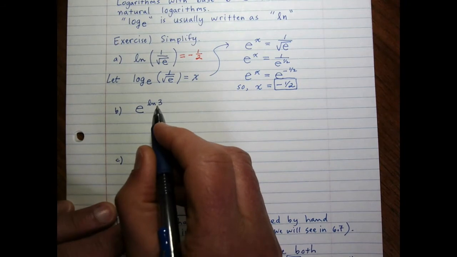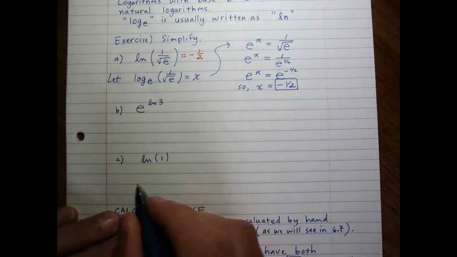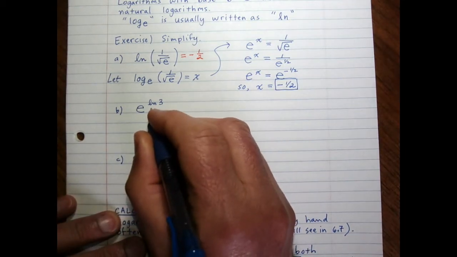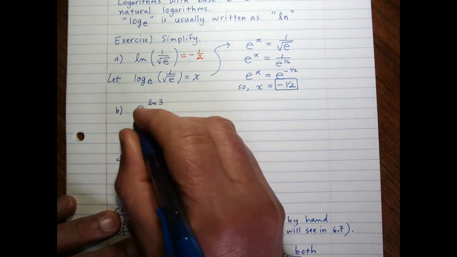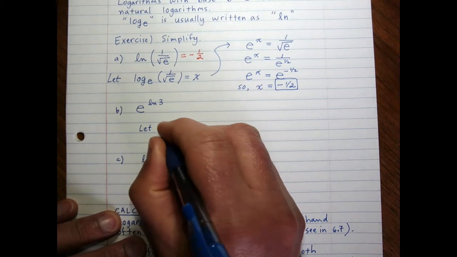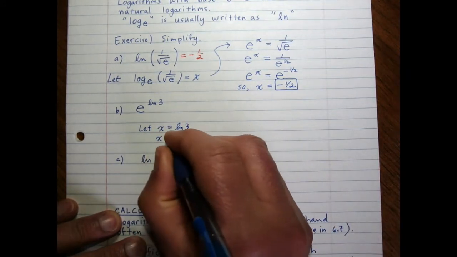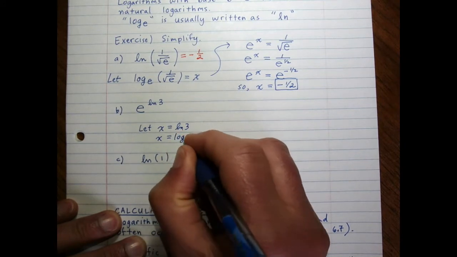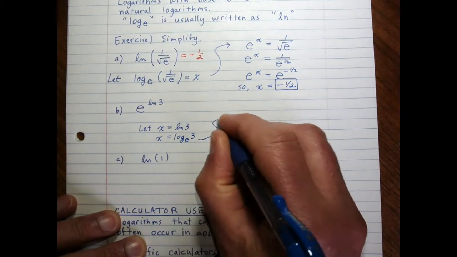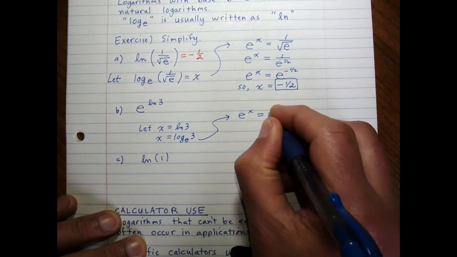In b, I have e to the ln of 3. Now, here, this is similar to that last problem from the previous page, where I'm not going to let x equal this whole thing. I'm just going to let x be the ln of 3. So x is equal to log base e of 3. E to the x power is 3.